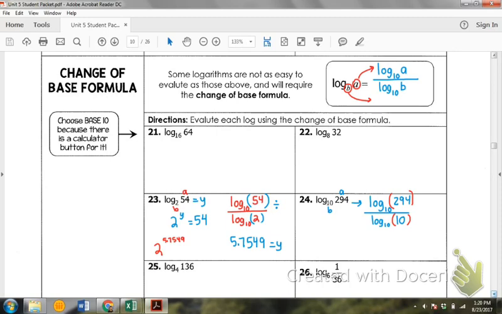And then I want you to round to 4 decimal places. So we're basically doing a log division by the base and the x.